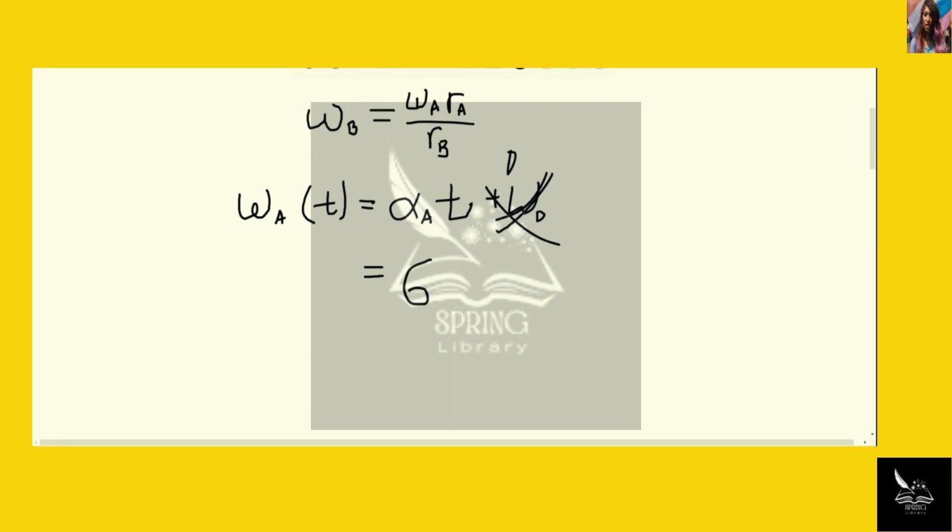We also say that the angular velocity of A at any given time is going to be the angular acceleration of A, that constant we're given, multiplied by time. Normally we'd also add the initial angular velocity, but in this question that is 0. So the angular velocity of A at any time is 6 radians per second squared times the time t in seconds.